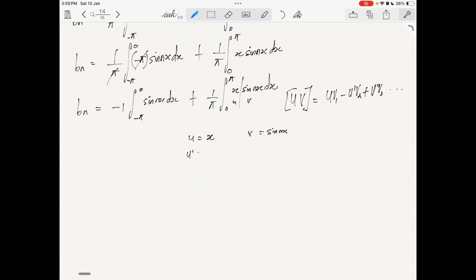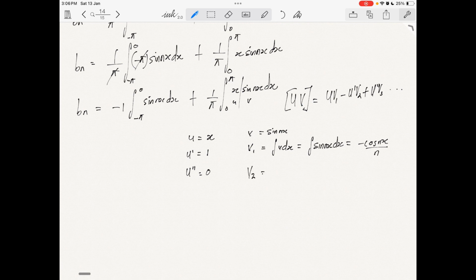So u prime, which is differentiating u, will give us 1, and u prime prime, which is differentiating 1, will give us 0. And our v1, which is integrating v, and which means integrating sine nx dx, will give us minus cos nx over n.